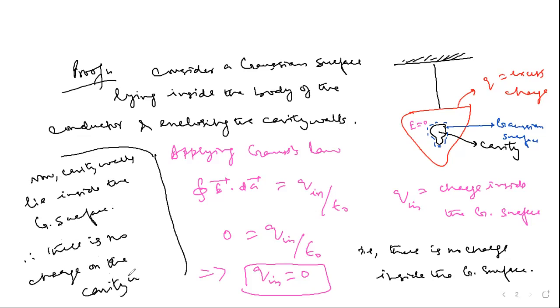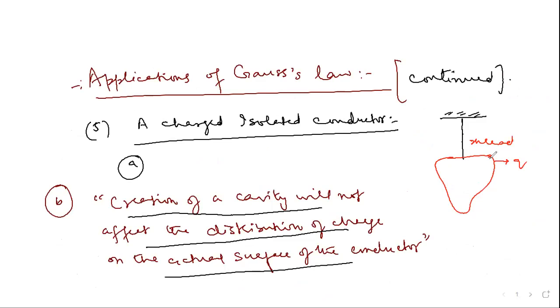Now, why am I talking of the cavity wall? Let me make that clear first. See, let me show it here. Try to understand it. This is the thread. This is the copper. Let me use another color. Now there is charge Q on the surface. Now I am creating a cavity, right?